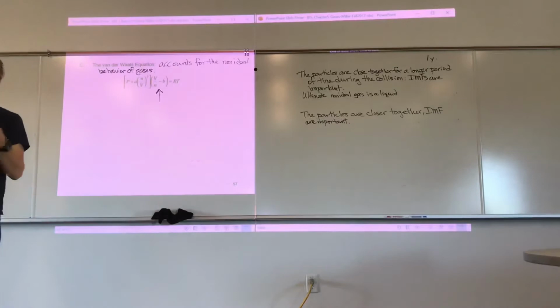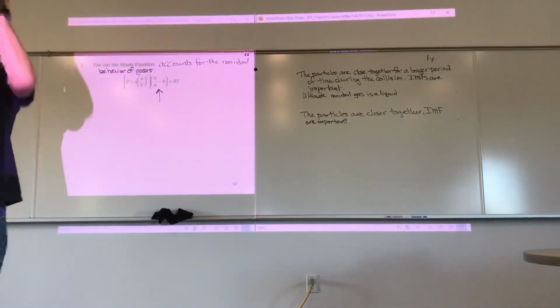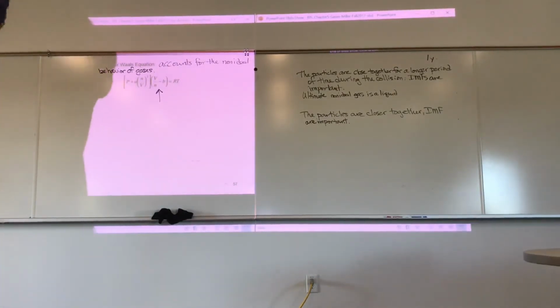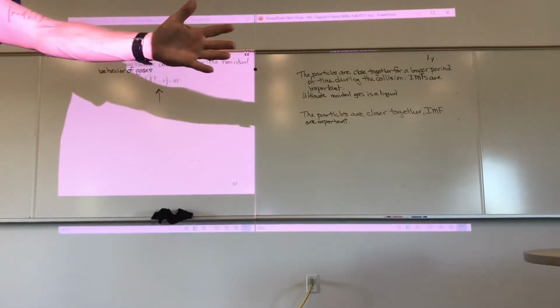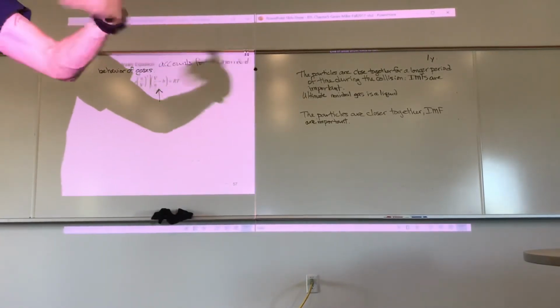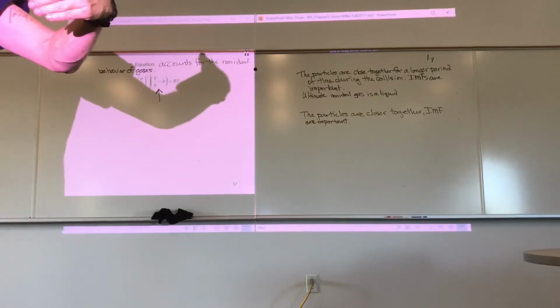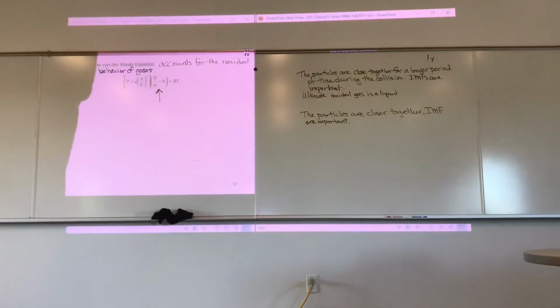We assumed that the volume of the particles was 0, and that each gas particle had the entire room to travel. That's not true. There are other particles in the room, and so each particle has a slightly lower volume to travel. That's how we account for it.